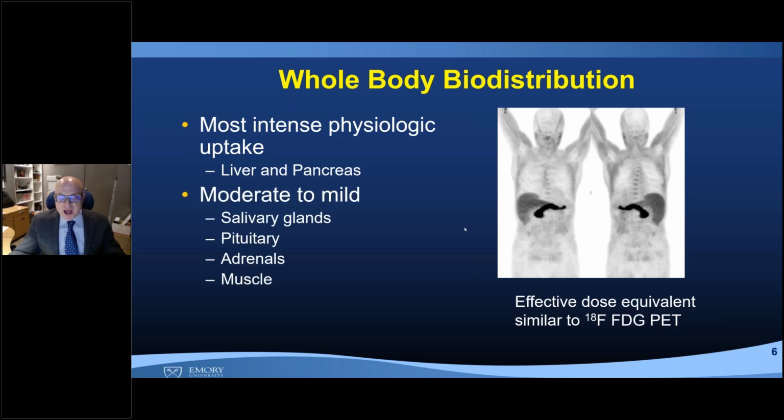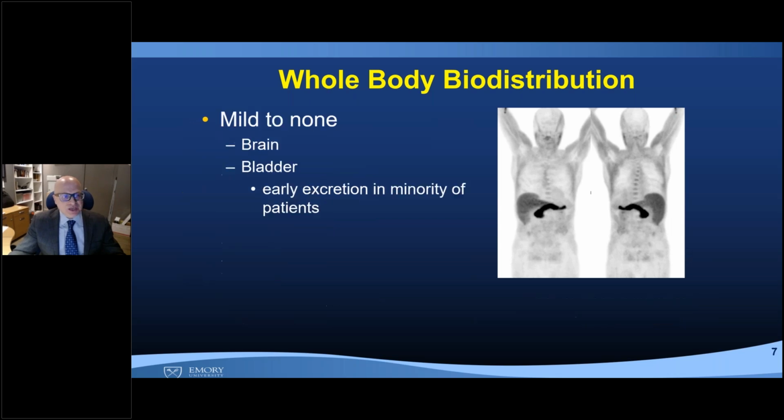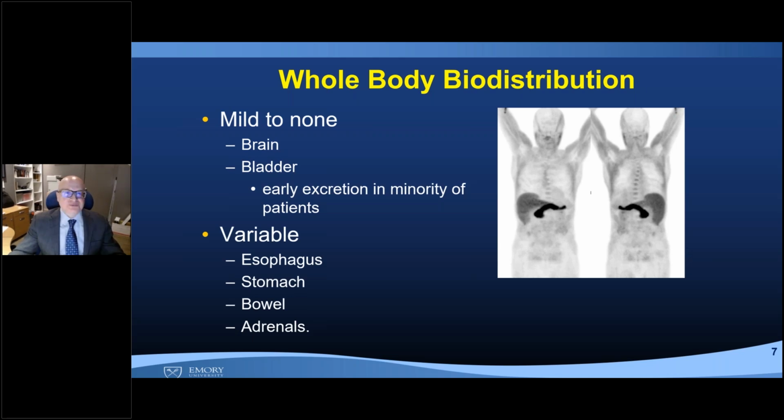There's moderate to mild activity in the salivary glands, pituitary, adrenals, and muscle, and there's more marrow heterogeneity than we see with FDG. There's mild to no activity in the brain and, most importantly, the bladder, though one can get an early excretion variant in a minority of patients. There's variable activity in the esophagus, stomach, bowel, and adrenals.